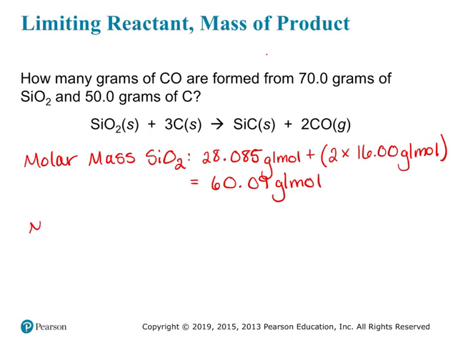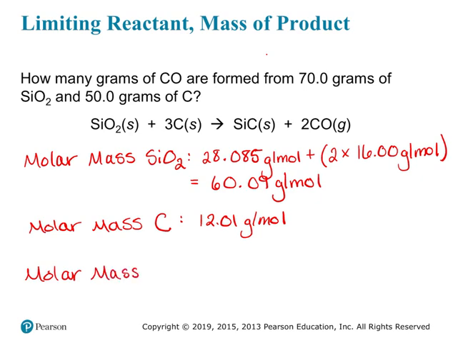Now the next molar mass we need is the molar mass of carbon. And that one's super easy. We're just going to look on the periodic table. So the mass listed under carbon is 12.01 grams per mole. Cool. Okay, so that didn't need much work. And last, we're going to calculate the molar mass of carbon monoxide.